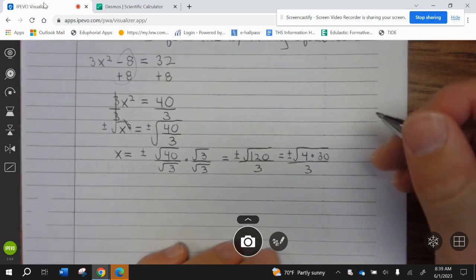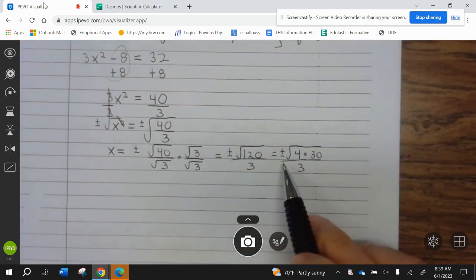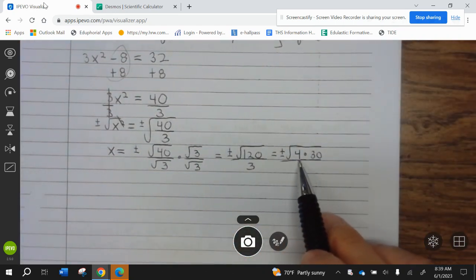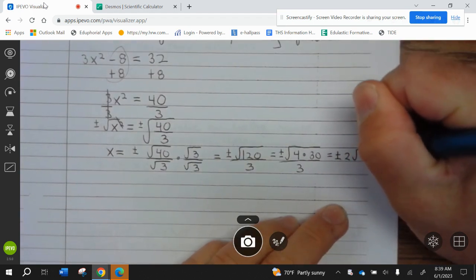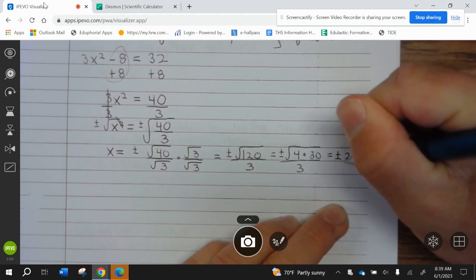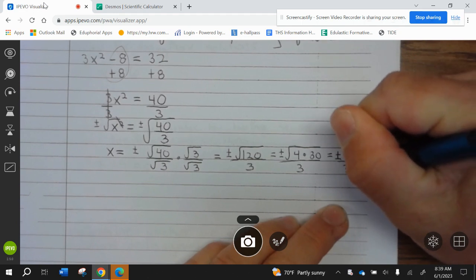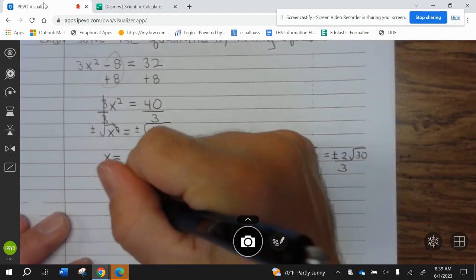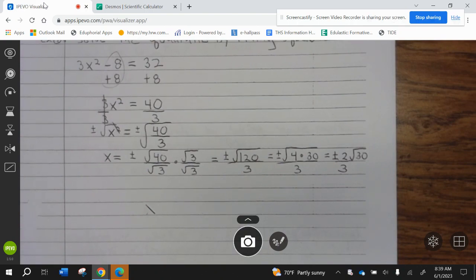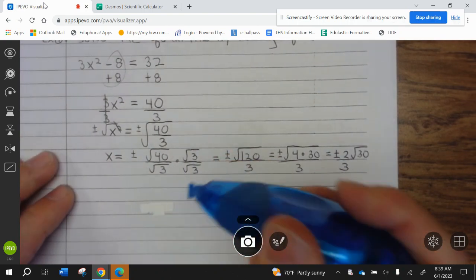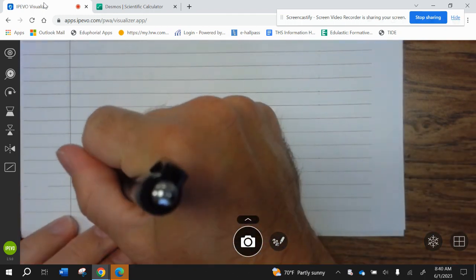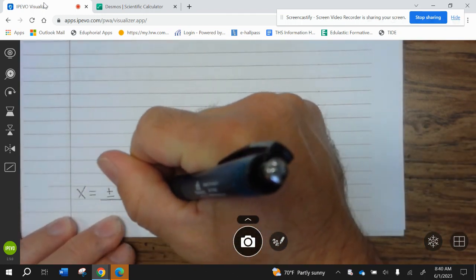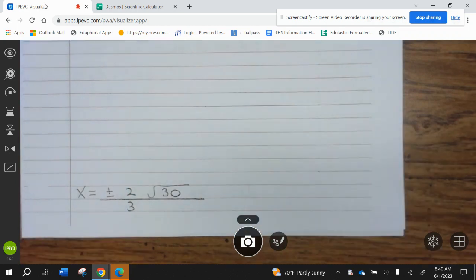Now, square root of 4 is 2, so our final answer is plus or minus 2 square roots of 30 divided by 3. So x equals plus or minus 2 divided by 3 times the square root of 30.